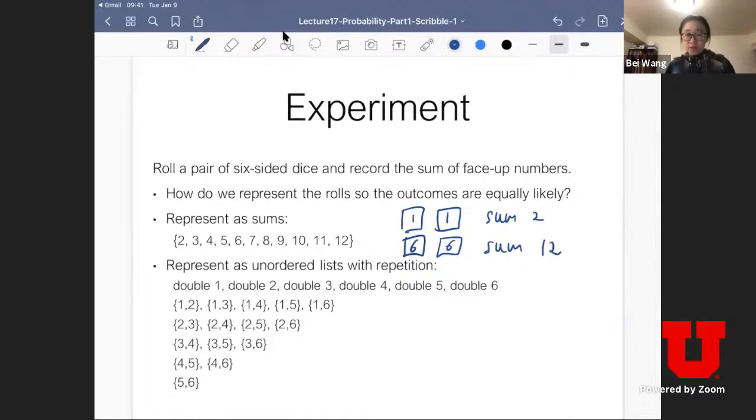The second version is to represent the outcome as an unordered list with repetition. You can have, for example, double 1, double 2, double 3, up to double 6, or you can have 1 2, 1 3, 1 4, 1 5, 1 6, and so on. Keep in mind this is unordered, so 1 and 6 represents the outcome where one die is a 1 and the other die is a 6.